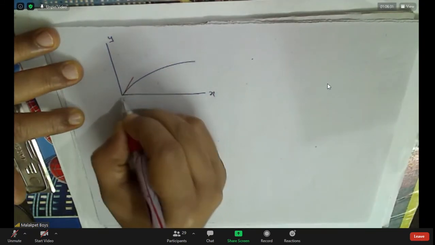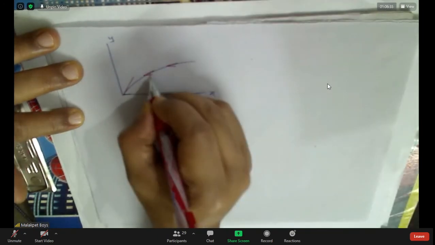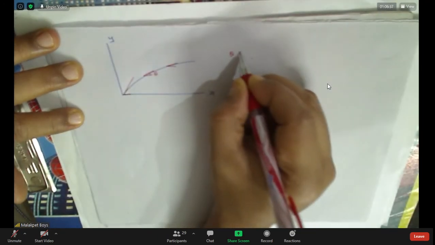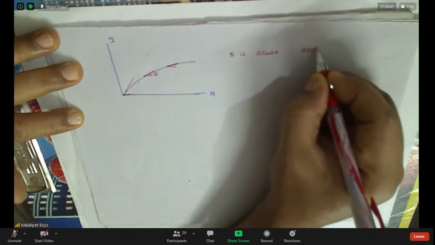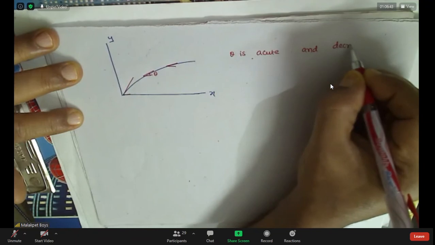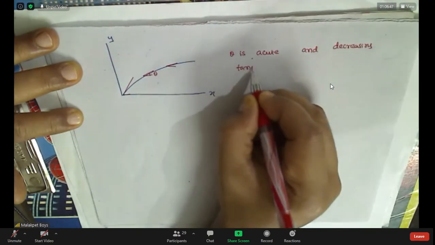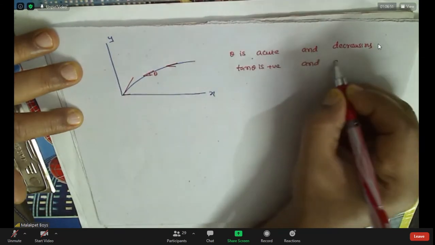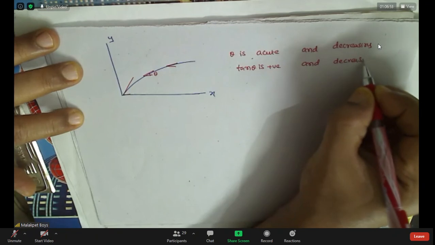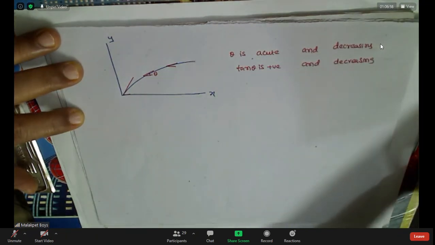Increasing. So you can see theta is acute and decreasing. That means tan theta is positive and decreasing.